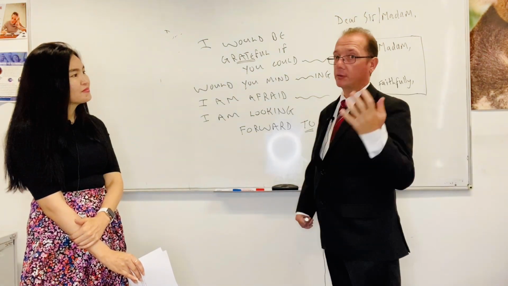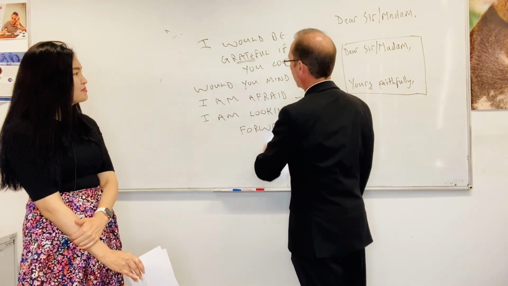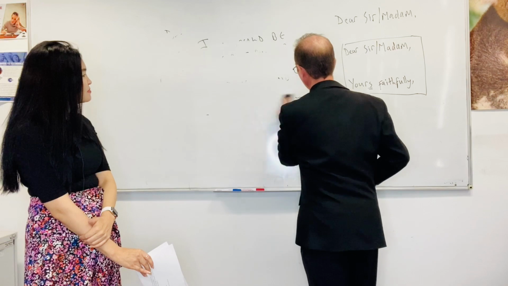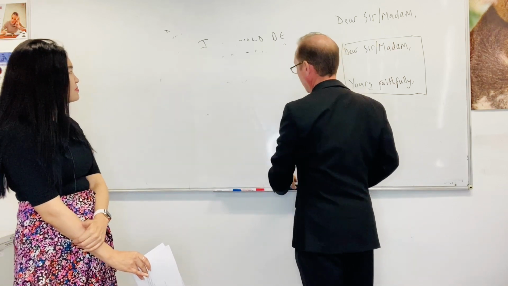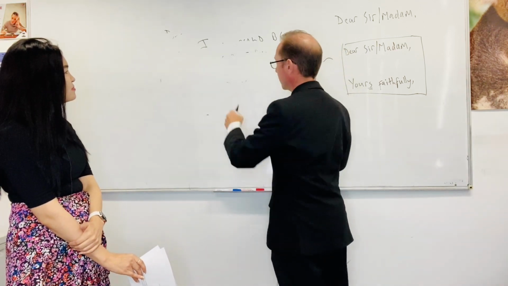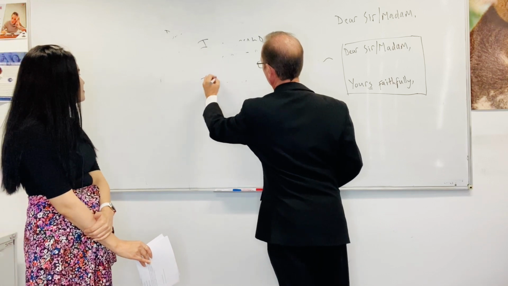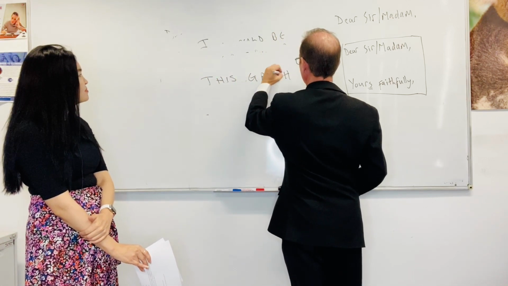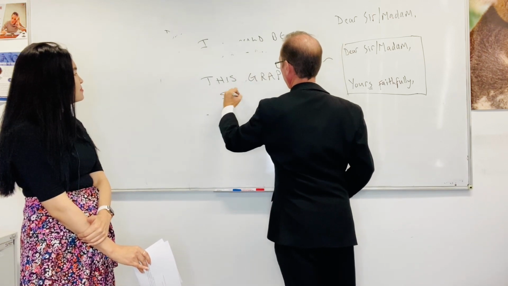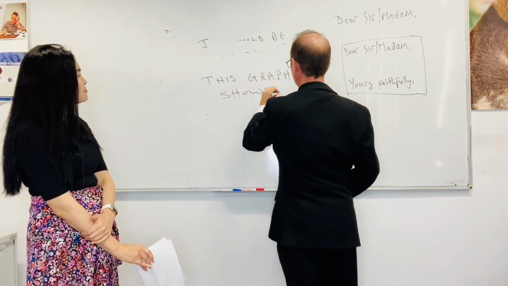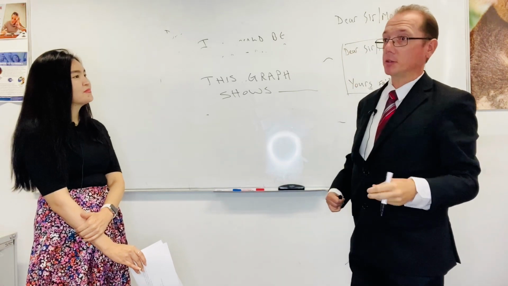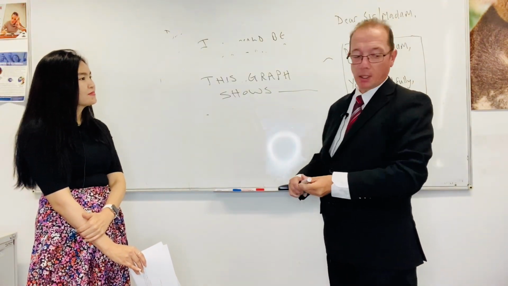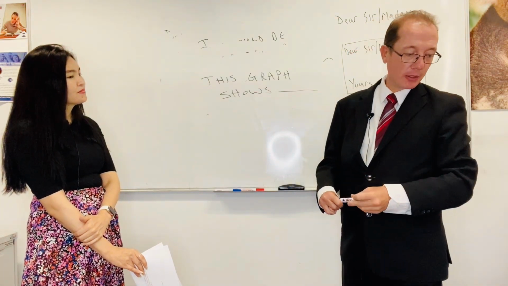This graph shows blah blah blah, or this bar chart shows blah blah blah. You just say what it shows. This graph shows unemployment rates in the USA from 1970 to 2010, or whatever the information is at the start.